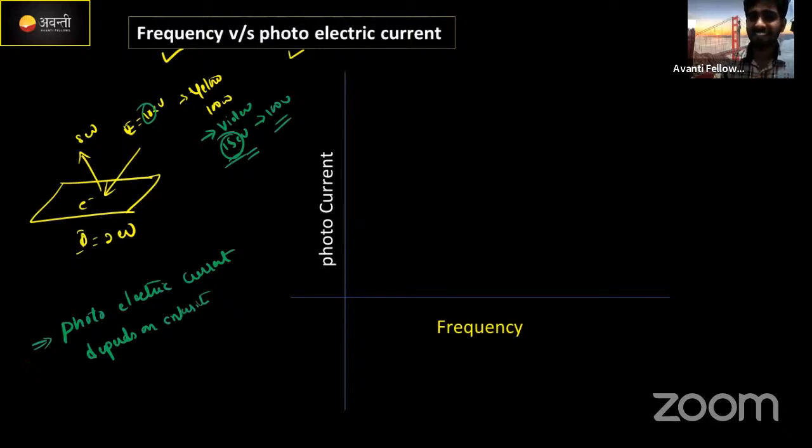Hence if you change the frequency continuously from red, orange, yellow, the photocurrent will not change. For red color it is 4 ampere, and for orange color, it is also the same 100 watt bulb, the intensity will be the same, so the photoelectron ejection will be the same, 4 for yellow color too. Then the graph will become like this.